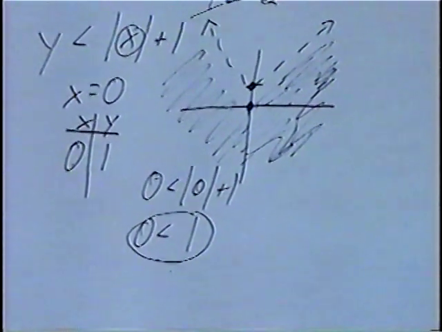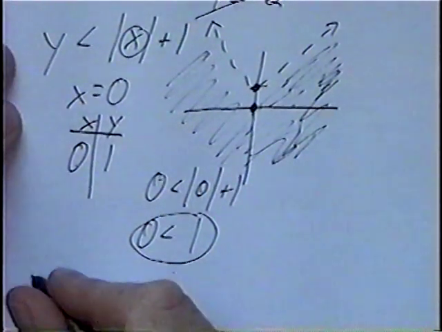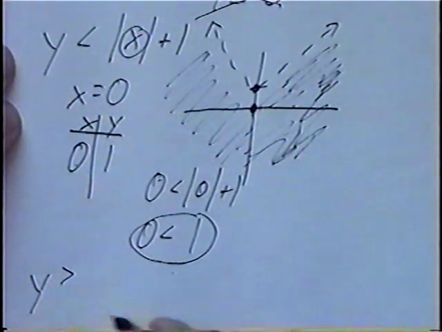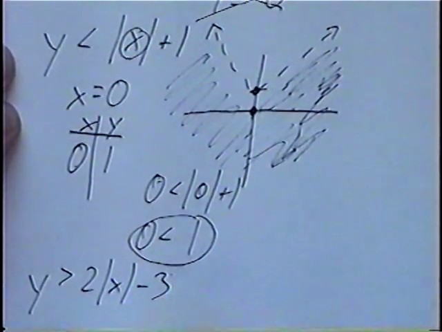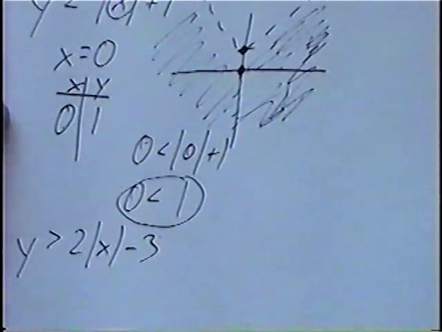Last question for the section is y is greater than 2 times the absolute value of x, minus 3 outside the absolute value.